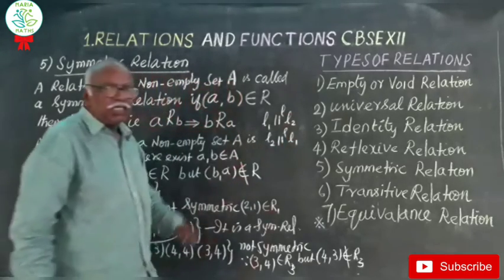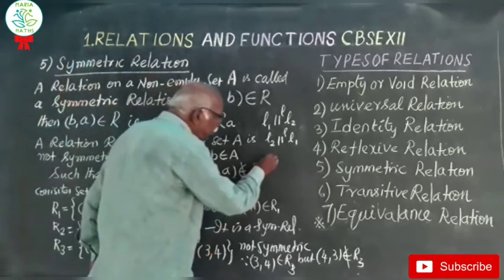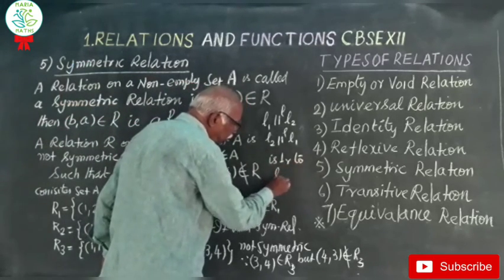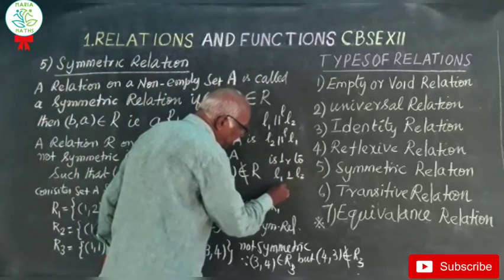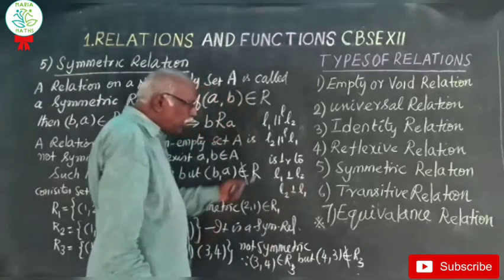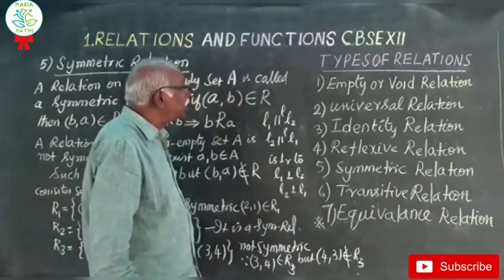"Is perpendicular to" is also a symmetric relation. L1 perpendicular to L2, L2 perpendicular to L1. Therefore, "is perpendicular to" and "is parallel to" are symmetric relations.